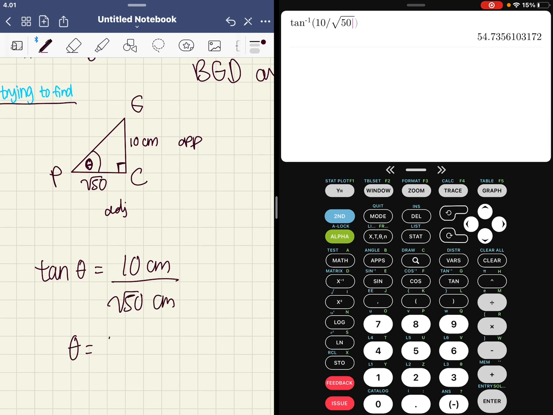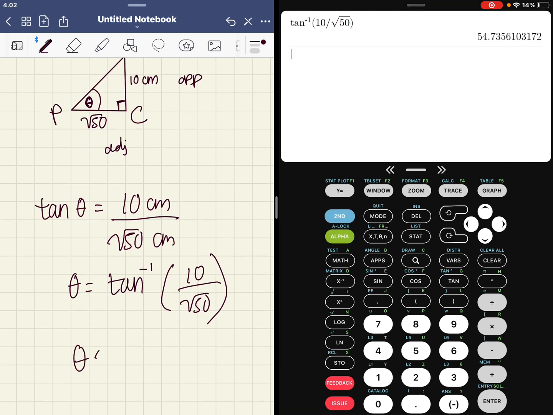Finding theta means take tangent inverse of both sides. And you get theta equals approximately 54.7 degrees. And there you go.